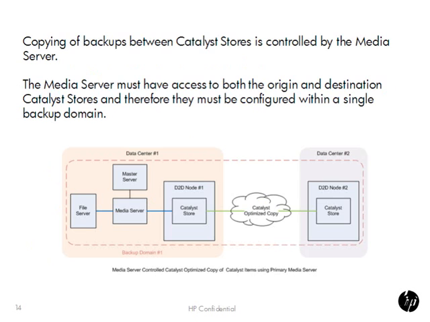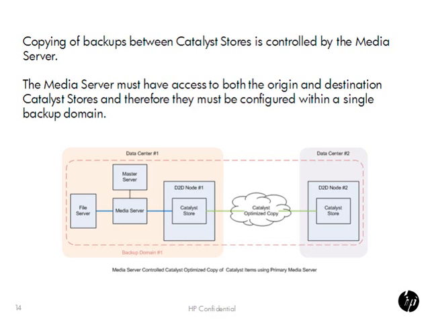So walking through a couple of the scenarios where you would see copies deployed, the most simplistic, 2 data centers. This could equally be a remote office and a data center. In this particular example, you see how we have a media server on the remote site or the data center number 1, and it's going to control backups from the file server or the clients that are on there, and it's going to be storing all that information in the StoreOnce Catalyst store on D2D number 1.